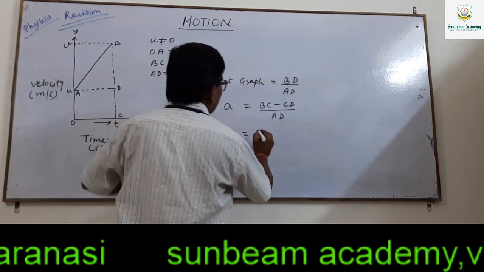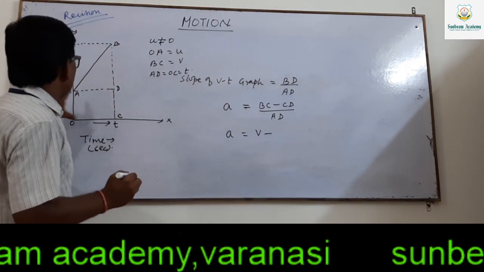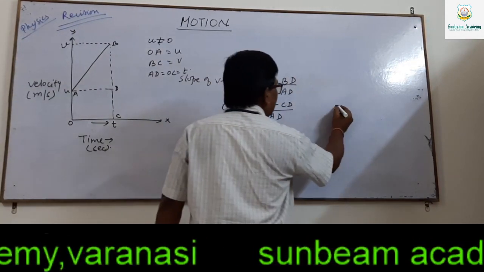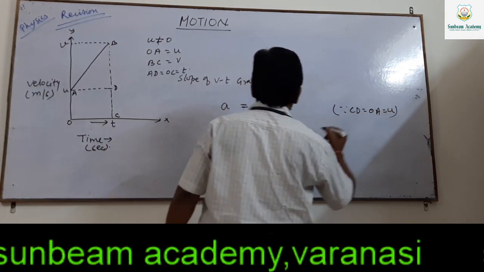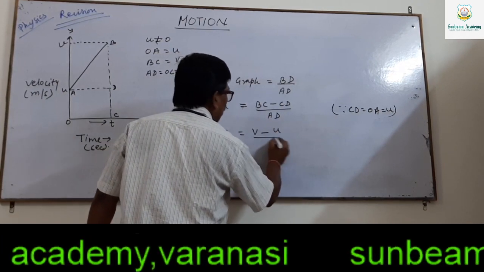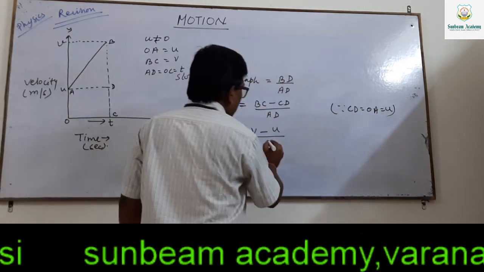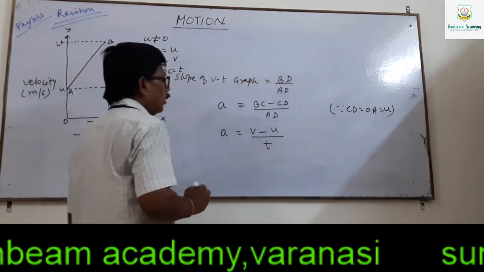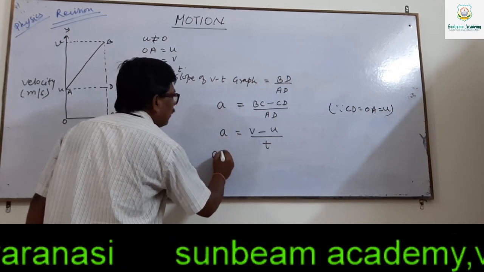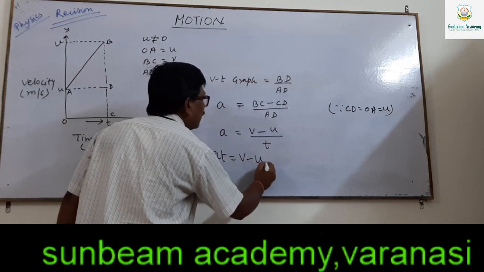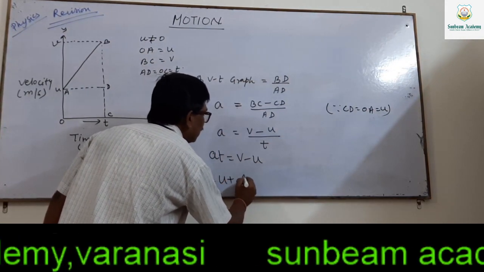BC is V, and CD is equal to OA, that is equal to U. So V minus U, and AD is equal to OC, that is equal to T. Now transposing T to this side, it becomes AT is equal to V minus U, or you can say V equal to U plus AT.